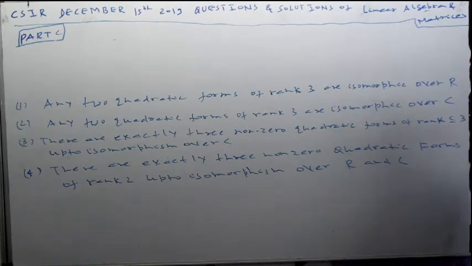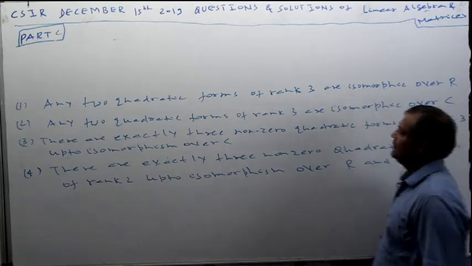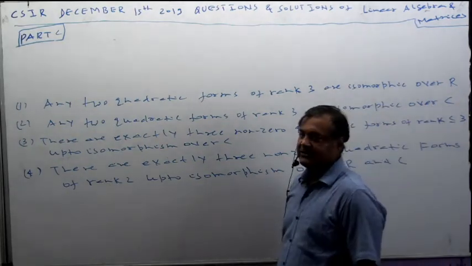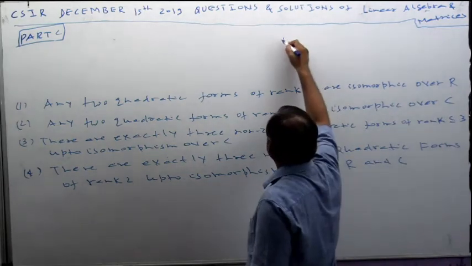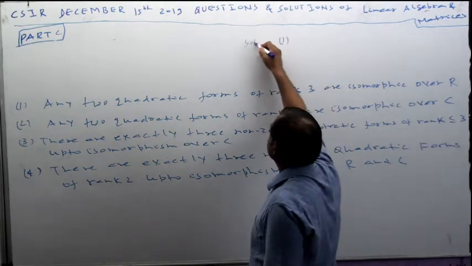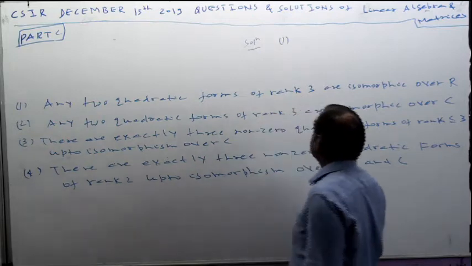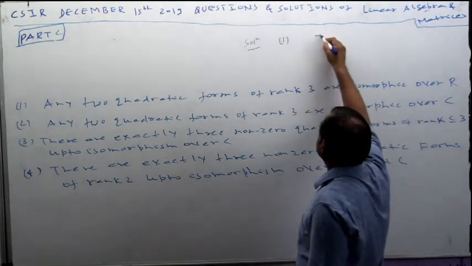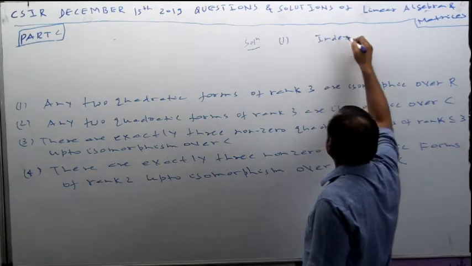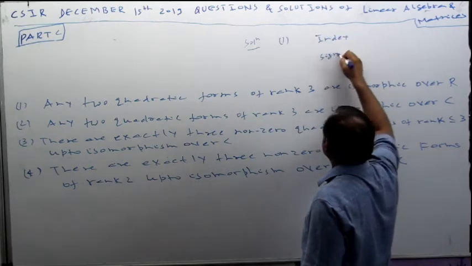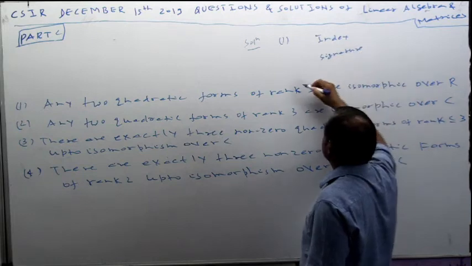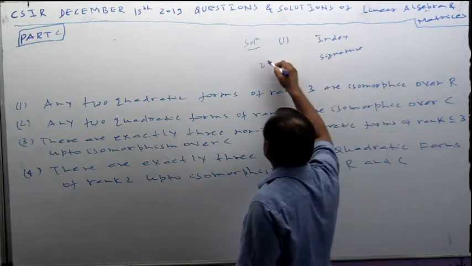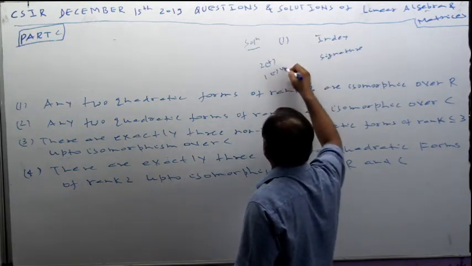Any two quadratic forms of rank 3 are isomorphic over R. That is totally wrong. Because for the first option, I am writing your solution here. Rank is 3, but index and signature may be different. Suppose two positive terms and one negative term are there.